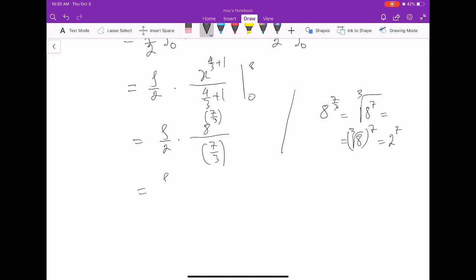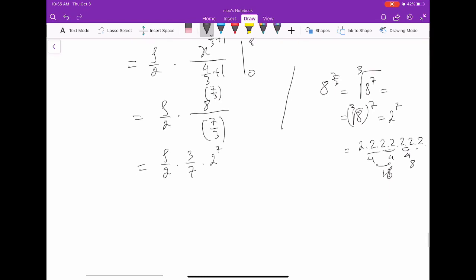And here I have rho over 2 and then times 3 over 7. I have 2 to 7. So what is 2 to 7? You can use a calculator, okay? That is 2 times 2 times 2 times 2 times 2 times 2 times 2. That is 4, 4, and 4, and 2, so 8 in here and then 16 in here. 8 times 16 is 128.